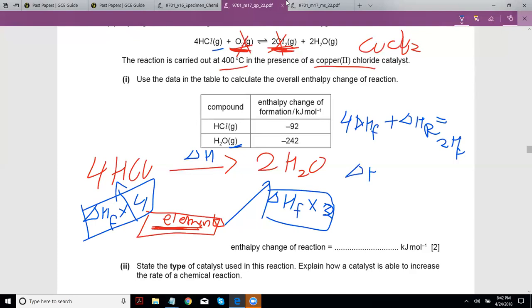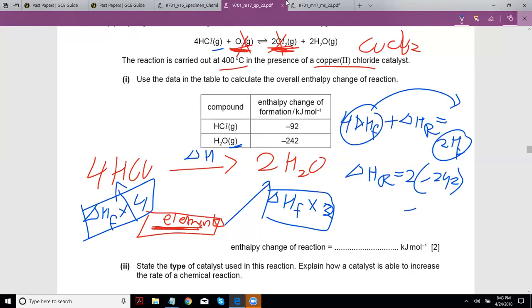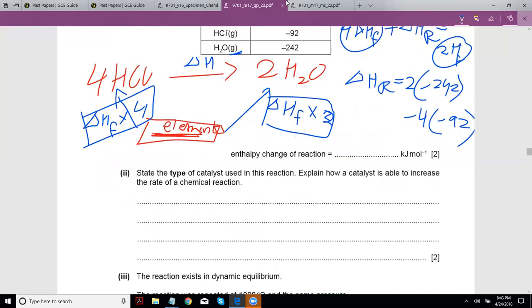So the enthalpy change of reaction is this minus that. So this will be 2 into minus 242, and you've taken this to the other side, so minus 4 into minus 92. Simplify and you'll get your answer.